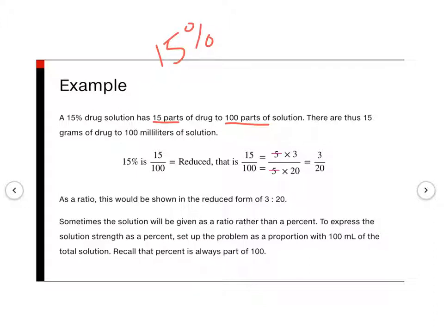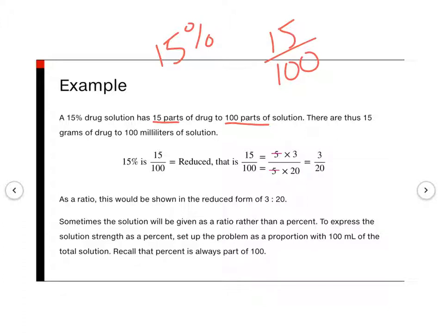If I got a 15% on a test, that means I got 15 points out of a total of 100 possible points. And I know in the last section we talked about that there may not have been 100 questions on the test, but that's what that represents. Anytime we have a percent solution, or a percent of anything, it's represented out of 100.